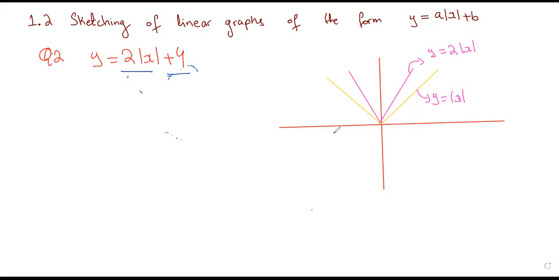We will shift the graph 4 units above. It is at 0, so it would basically be shifted to this point. So it is going to become this and then this. Okay, so basically it would be the blue graph. So this is going to be the graph.